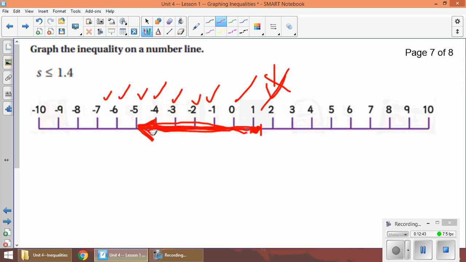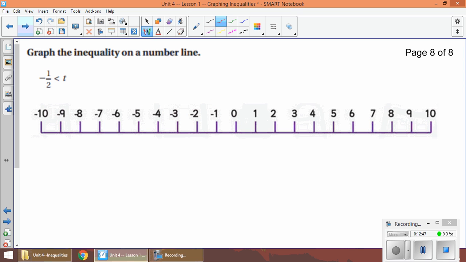All right, and here's our last example. -1/2 is less than t. So here's something fun about this. In equations, it doesn't matter where the variable is, the left side or the right side. In inequalities, the variable has to always end up on the left. So what we're going to do is flip the t and the -1/2.